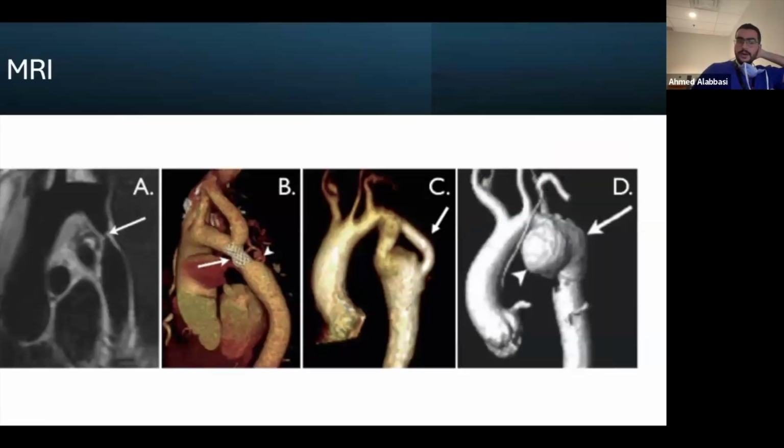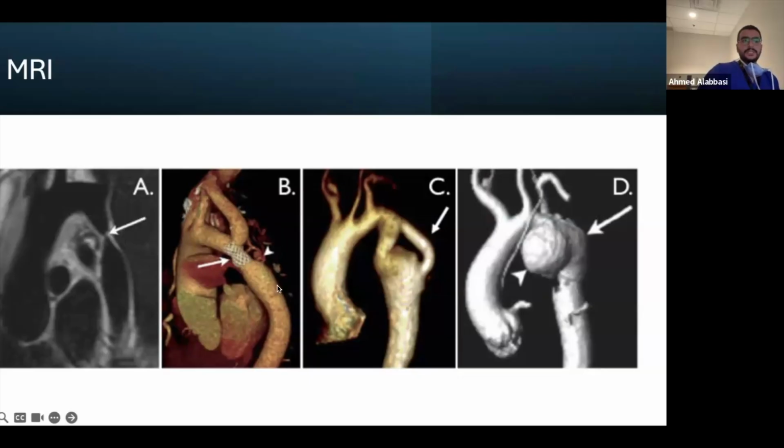So here we see a few MRI images that quite nicely demonstrate coarctation. This is a pre-procedural one, a black blood. This is an oblique image, sagittal view, which shows a discrete tight coarctation just at the aortic isthmus.